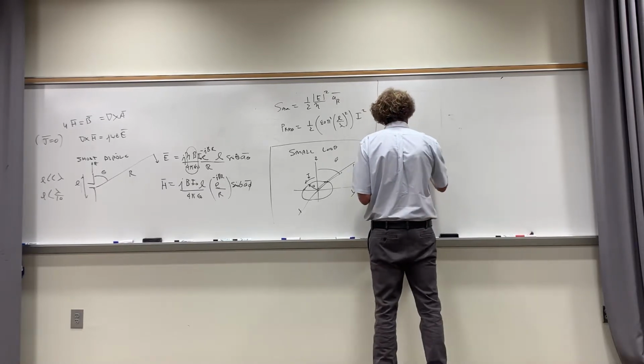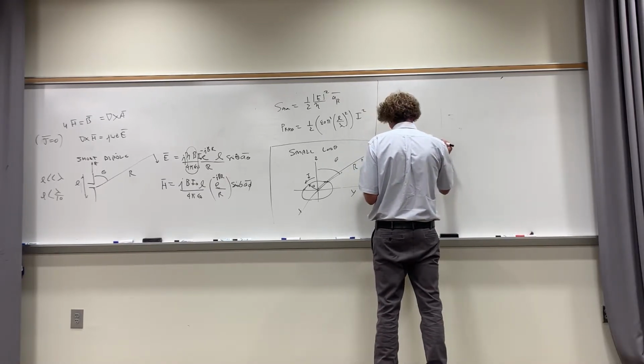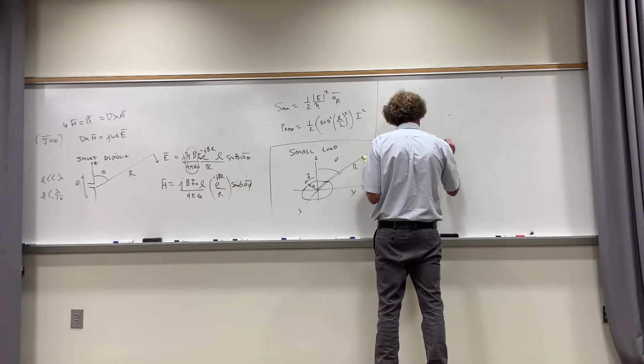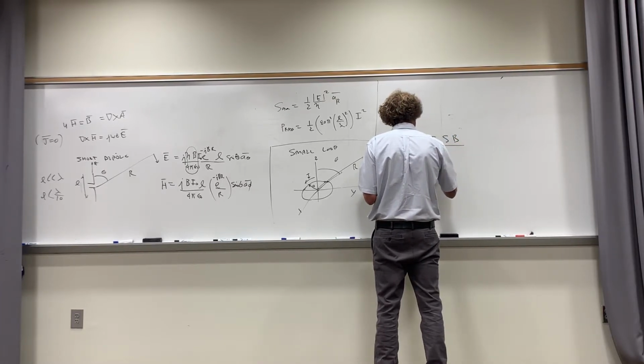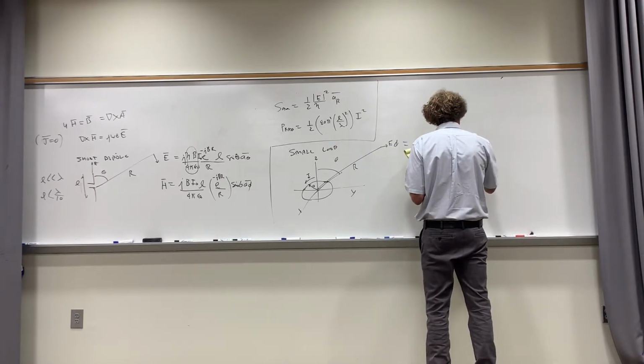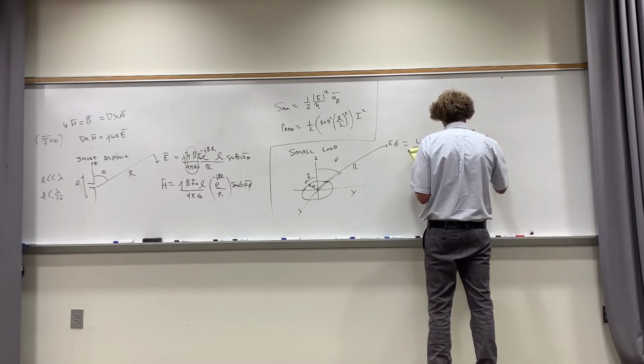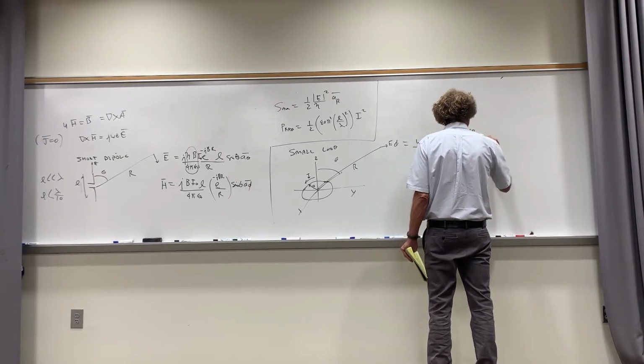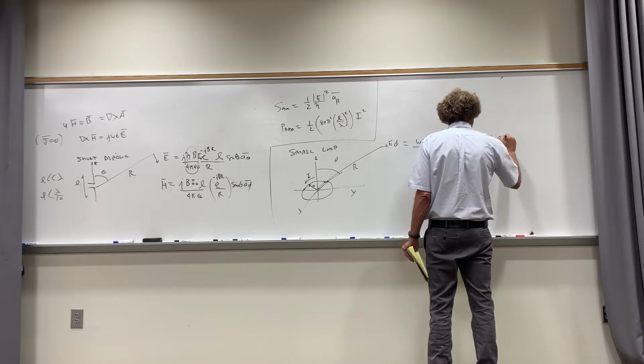So I'm going to go ahead and write it down. This is equal to omega mu, I, the current, times the surface area that I'll get to, times beta over 4 pi r, times e to the minus j beta r, and then times the sine of theta in the a phi direction.